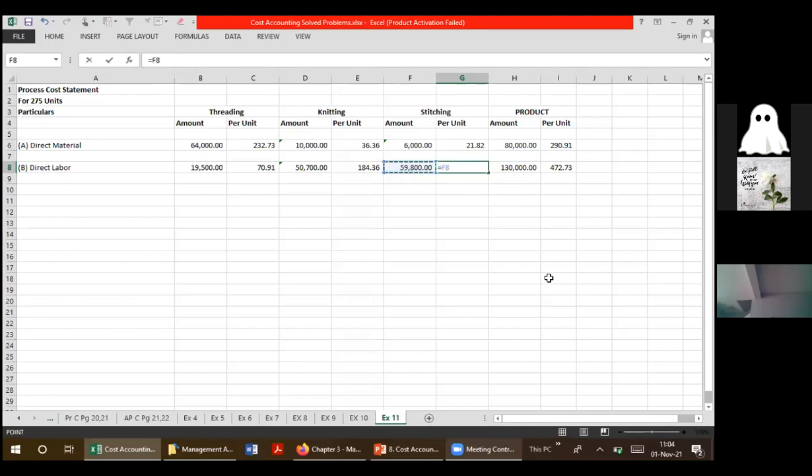So per unit will be 59,800 divided by 275. To 217.45, right? Okay, next we have manufacturing overheads.